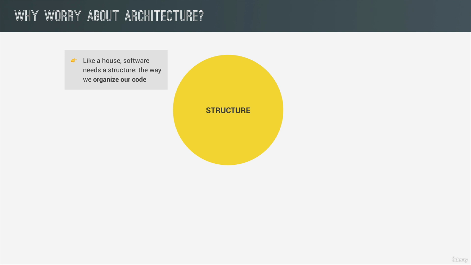So just like a house, software also needs a structure. Now, in software, structure basically means how we organize and divide the code into different modules, classes, and functions. So all these will basically hold our code together and give it structure.